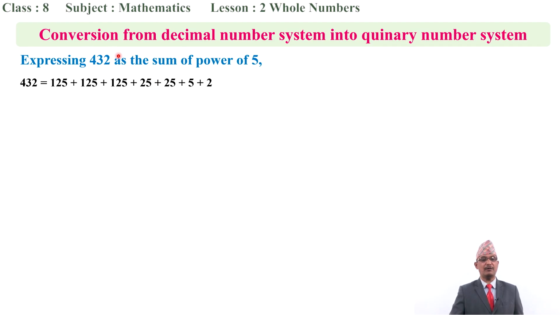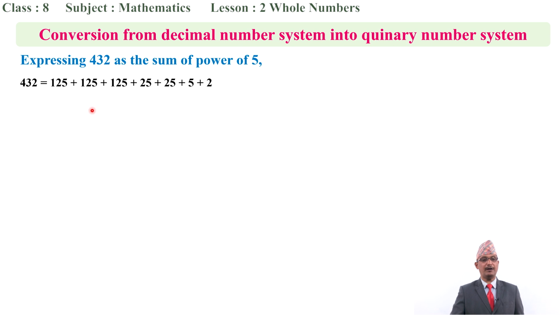Since our number is less than 625, we cannot write 5 to the power 4, so we have to arrange it in terms of 5 cube, which is 125.